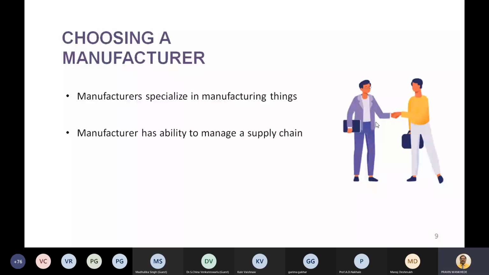Whether that component has to go by air, by train, or by any other means, they think about the supply chain. Therefore, manufacturers know how to maintain complete inventories of materials.